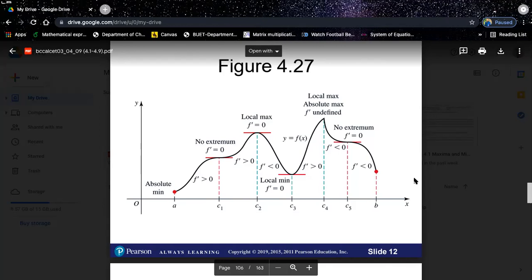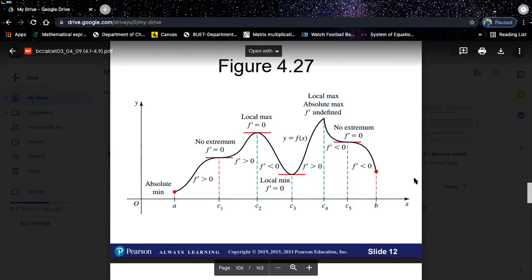The next question could be, tell me the behavior at the first critical point or the second critical point, that is, whether we have a local max, a local min, or neither. You just need to eyeball it from the graph, and that's it.